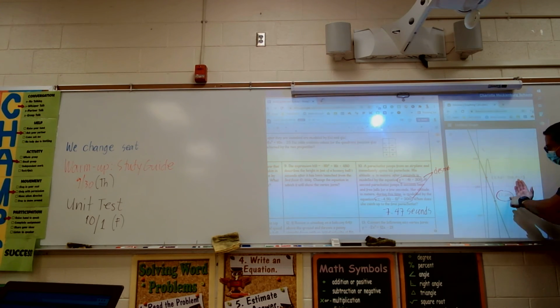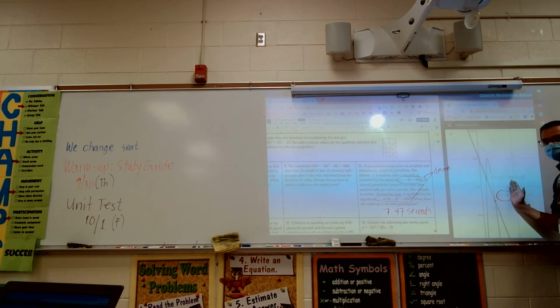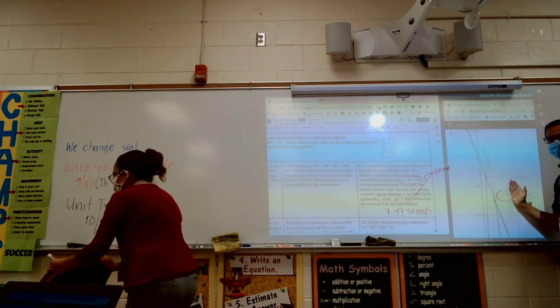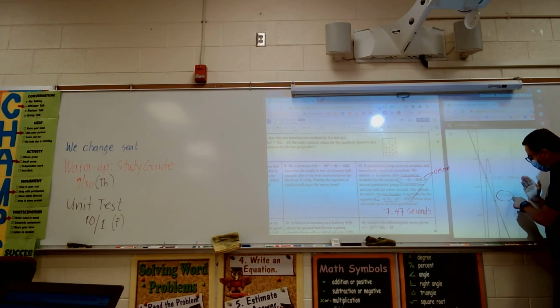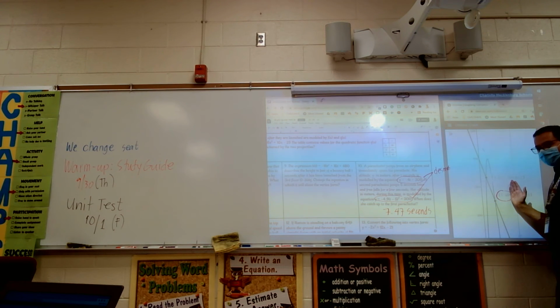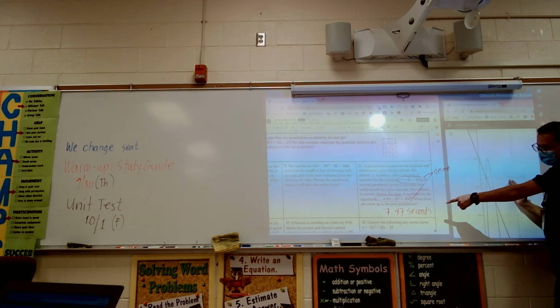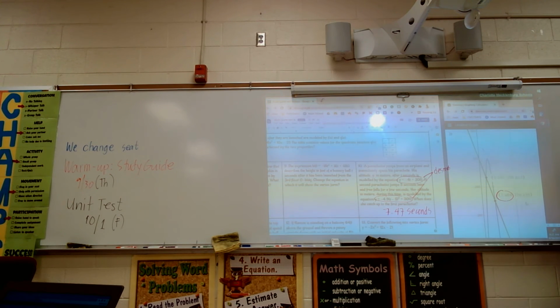Porque este es 9, entonces ya no lo colocamos como 46, sino como 47. ¿Tiene sentido? Está más cerca de 7.47. Entonces lo colocamos 7.47. ¿Ok?